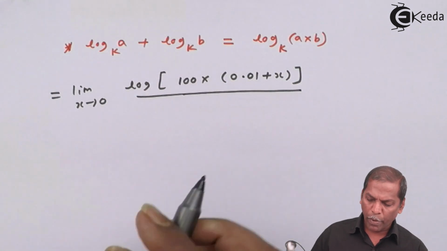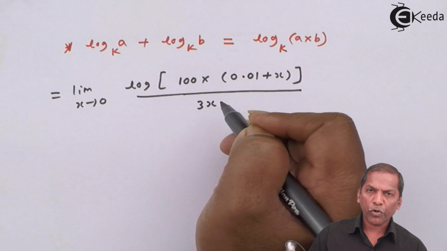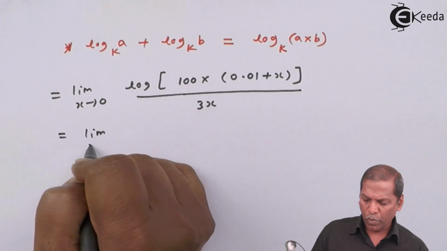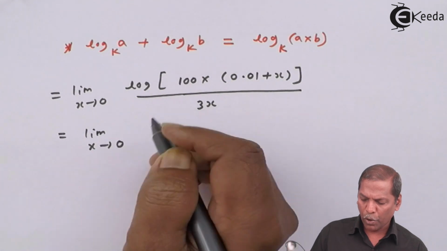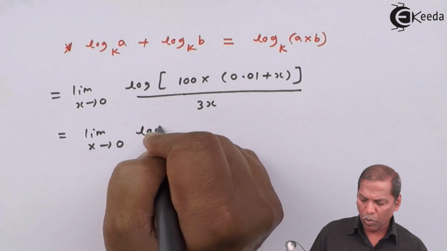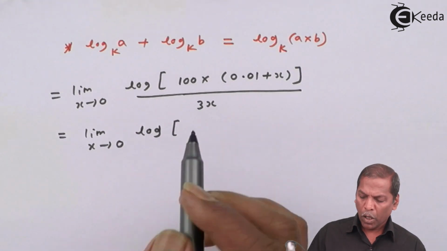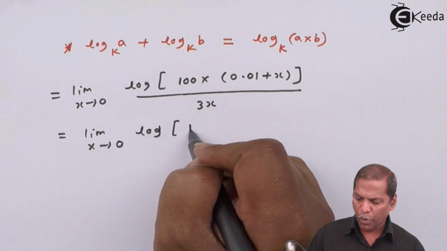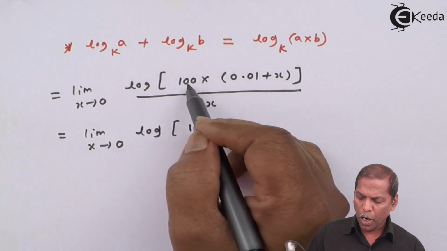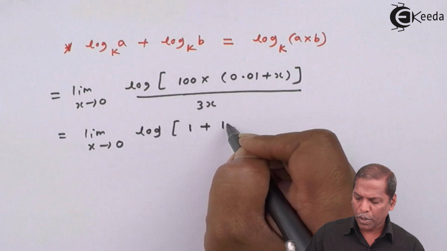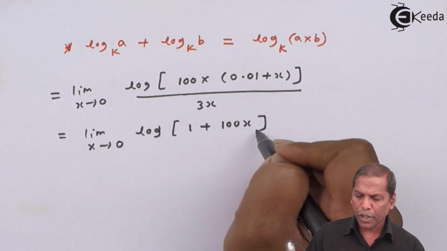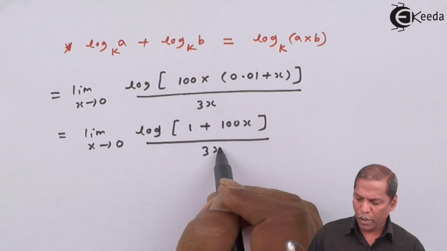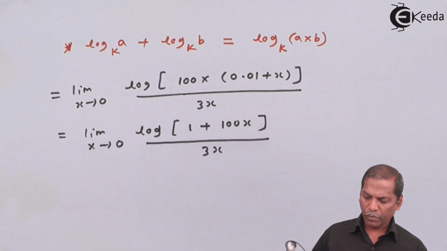Then whole thing divided by 3x. So that equal to limit x tends to 0 log in bracket. Now 100 into 0.01 gives 1 plus 100 multiplied by x. So we get 100x bracket complete and then whole thing divided by 3x.